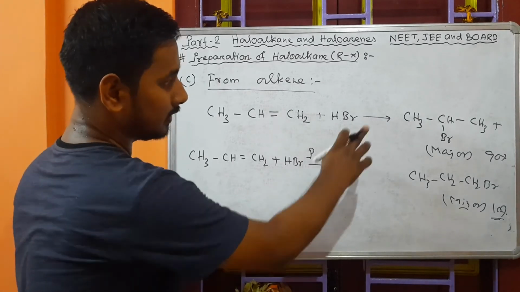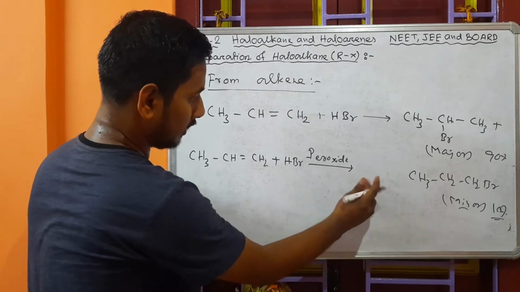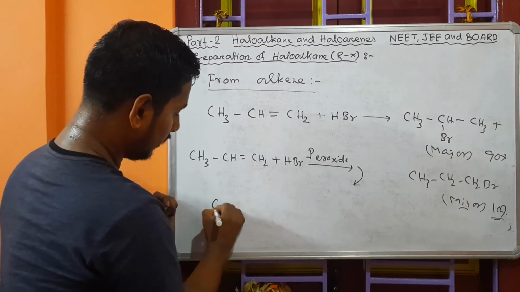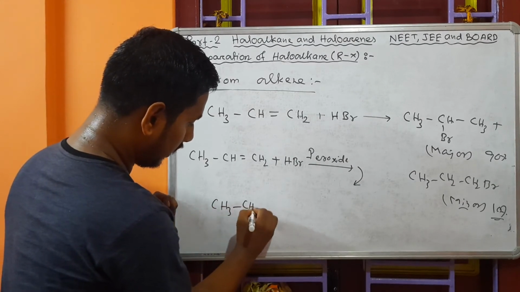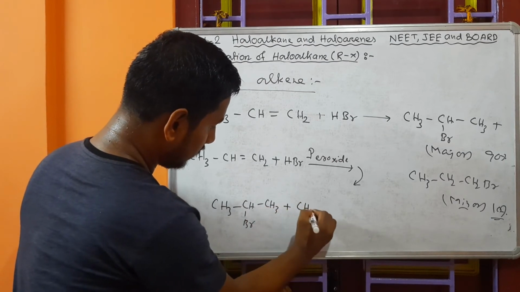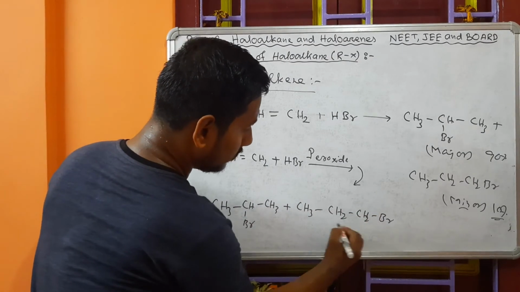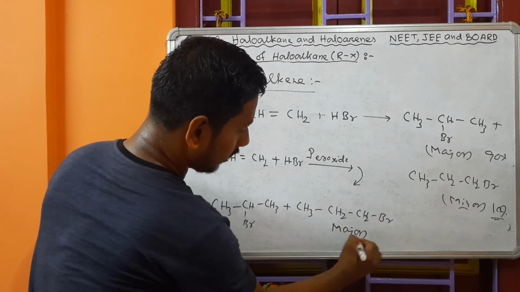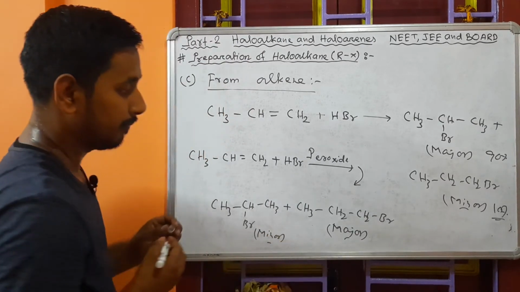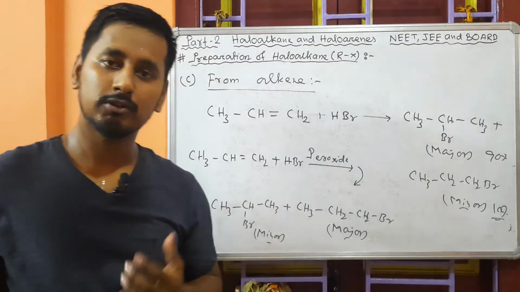The product is just an exchange. If you write the products here, you get CH3 CHBr CH3 plus CH3 CH2 CH2Br. Now this one is minor, and this one is major. One thing you have to remember, that this is according to the anti-Markovnikov rule.